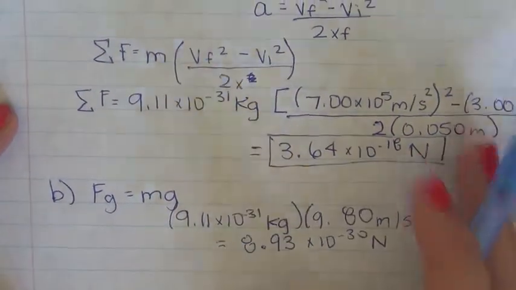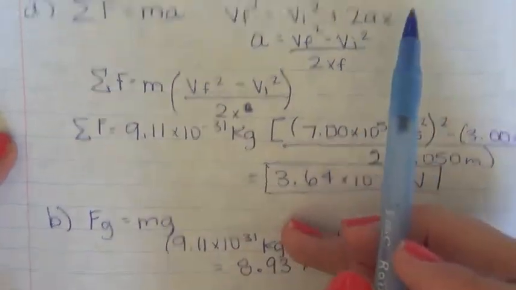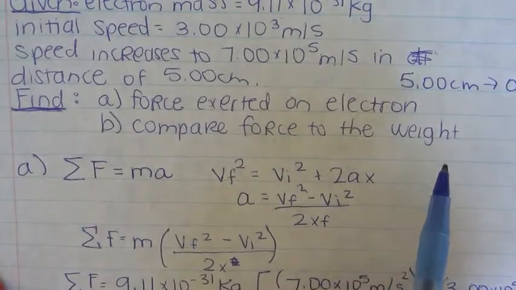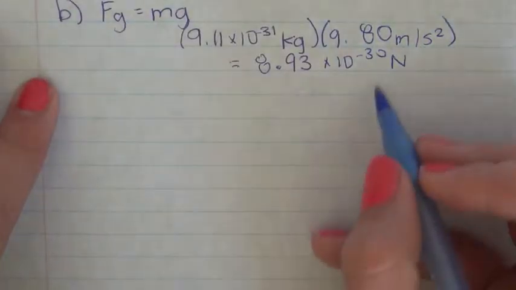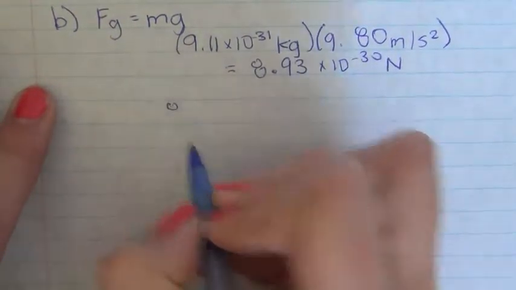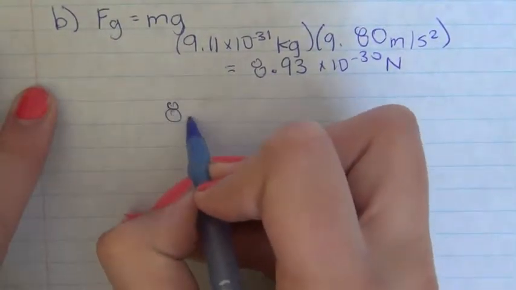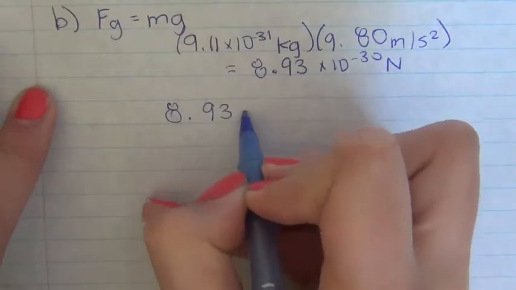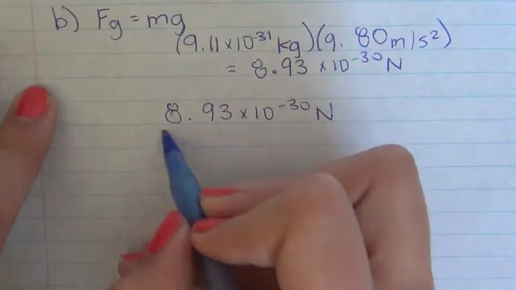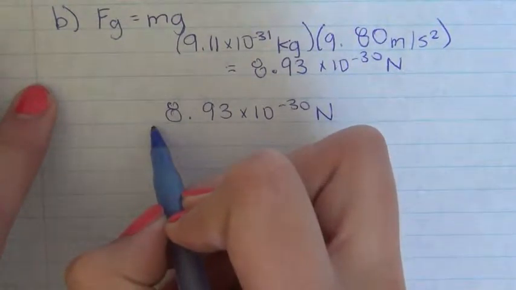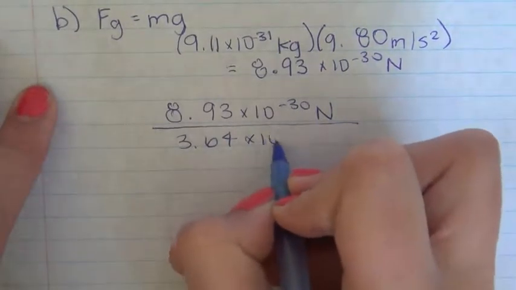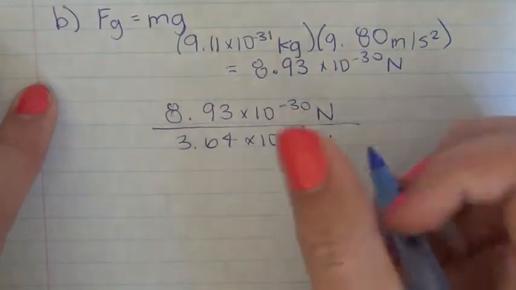So then what the find was to compare the force to the weight of the electron. So we're going to divide our 3.64 times 10 to the negative 18 newtons by 8.93 times 10 to the negative 30th newtons.